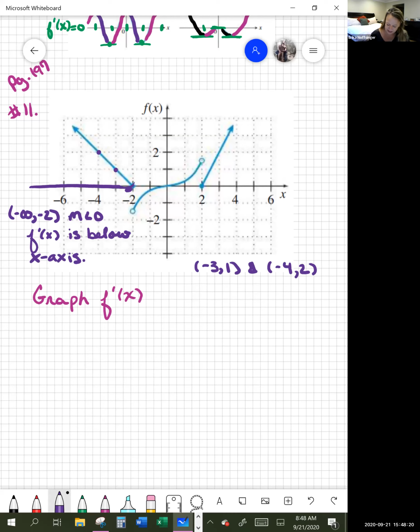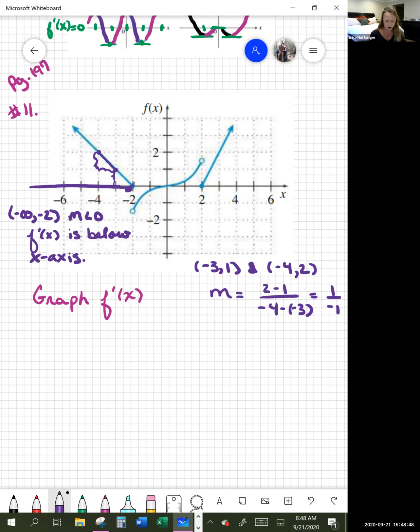So if I look at rise over run, the change in my y value, 2 minus 1 all over -4 minus -3, which is 1 over -4 plus 3, which is -1. Which makes sense, right? We fall 1, we go over 1. We fall 1, we go over 1.